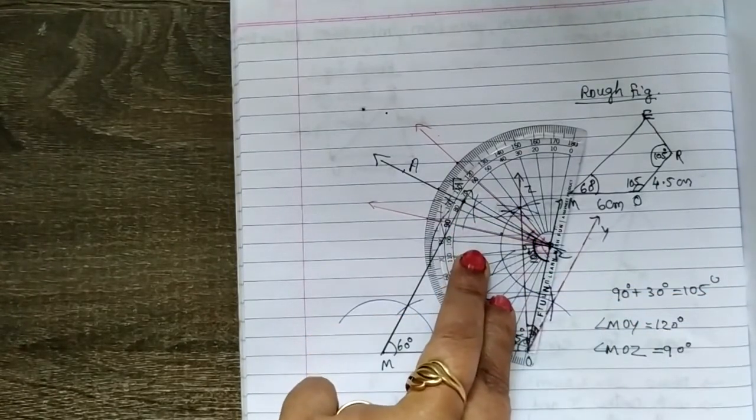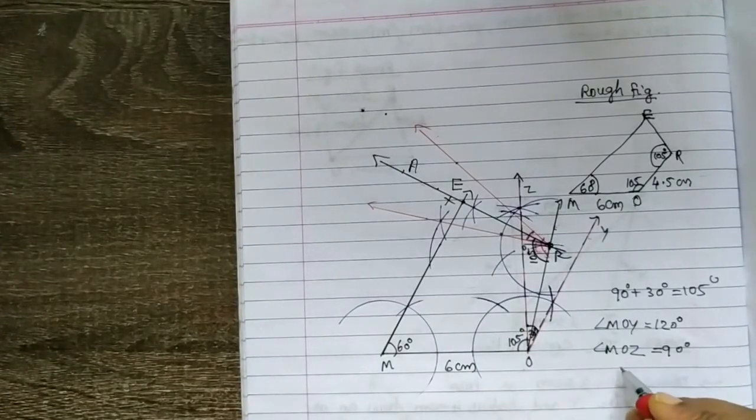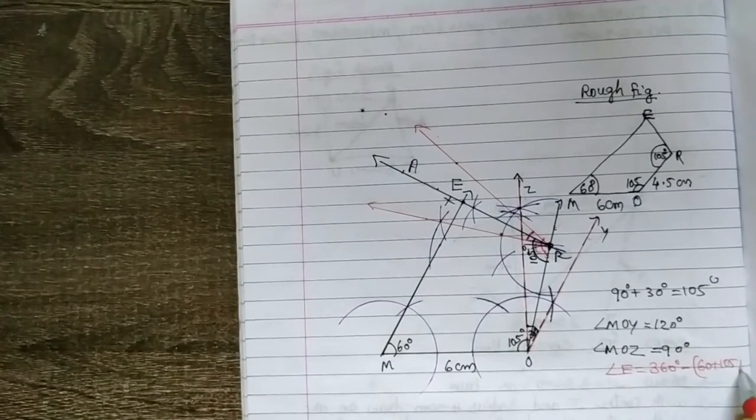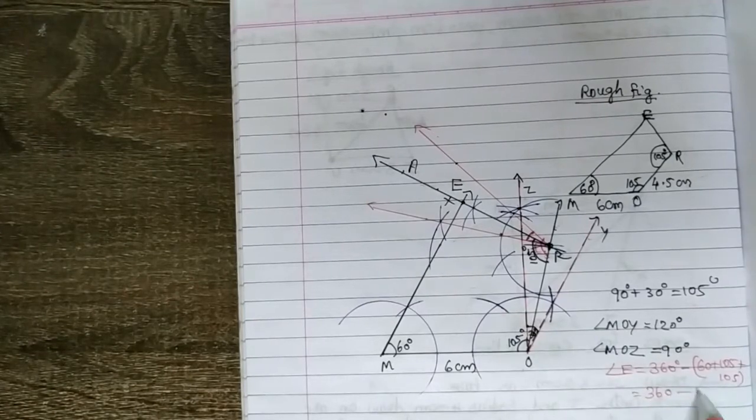By using the angle sum property of a quadrilateral, our fourth angle, that is angle E, equals 360 minus the sum of all the other angles. That is 360 minus 270 equals 90 degree.